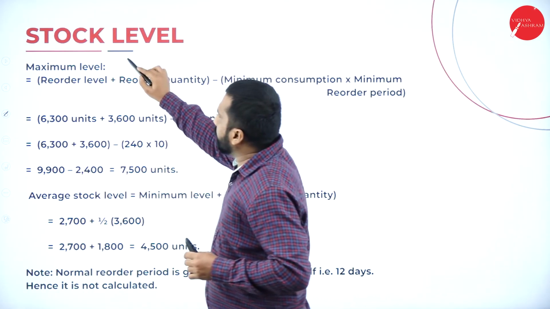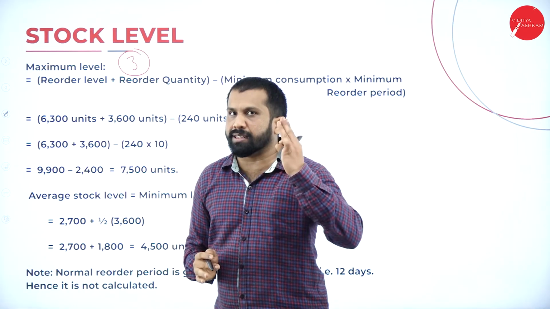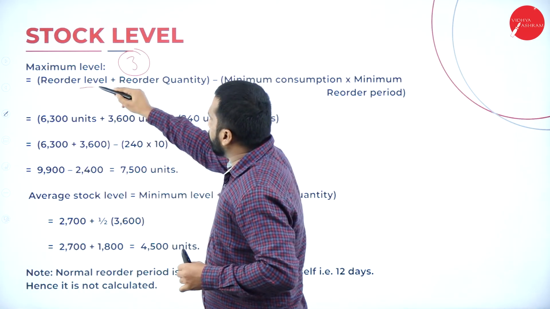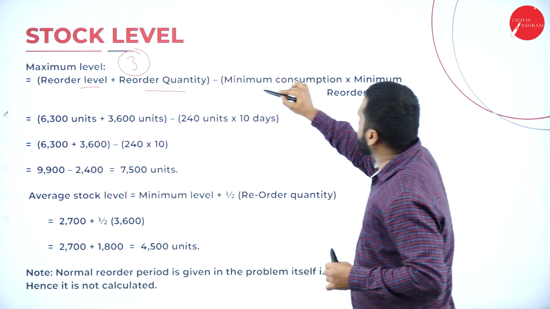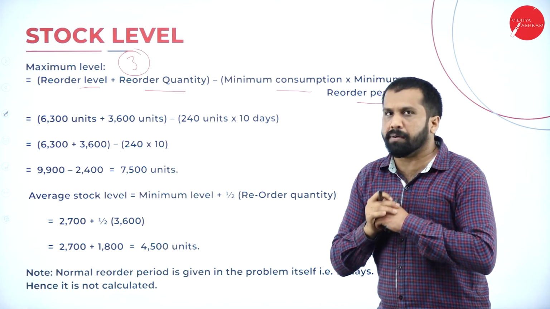We'll go for the third one. What is the third one? Maximum stock level. What is the formula? Third formula: reorder level plus reorder quantity, minus minimum consumption into minimum reorder period. Everything is available.